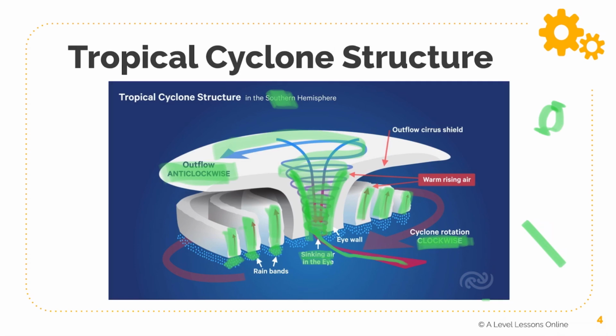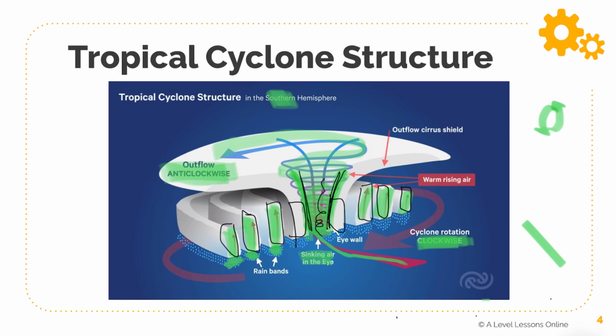In the event you need to draw it, just be mindful of the few different things you need to draw. Mainly your eye walls. So these are going to be the eye walls. And we're going to be drawing all of these parts as well, so that's where the warm air rises. And then draw the eye. So the eye is the middle part over here, where the warm air will rise.